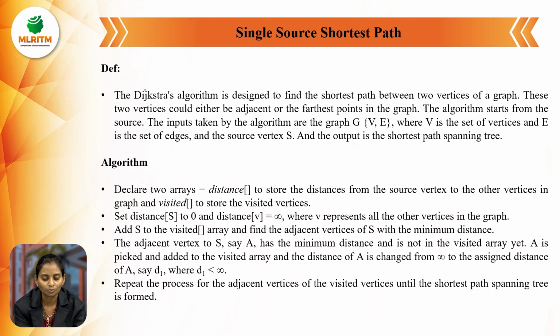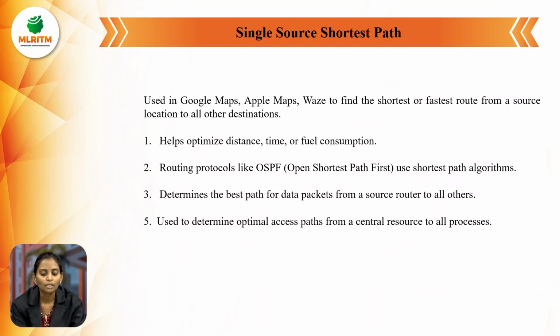So the definition is, Dijkstra's algorithm is designed to find the shortest path between two vertices. Suppose in a given graph, V is the vertex set and E is the edge set of that particular graph. We are going to calculate the edge matrix or cost of the graph.